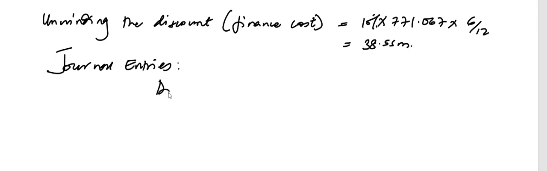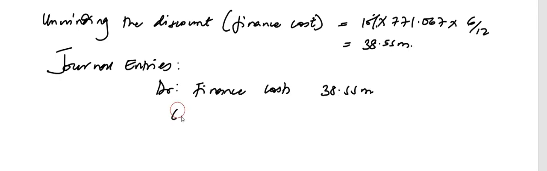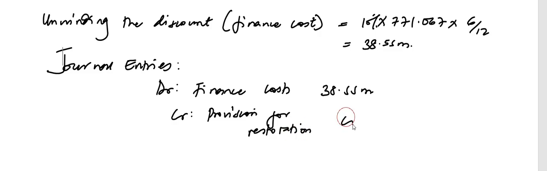Journal entries, you're going to debit the finance costs by 38.55, and then you credit the provision for restoration costs by the same amount, 38.55.